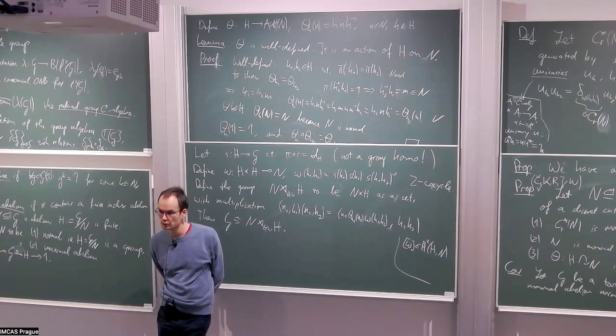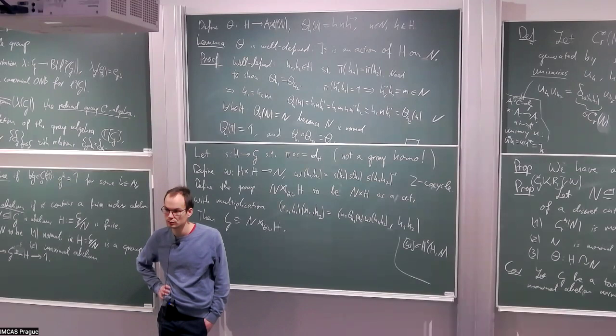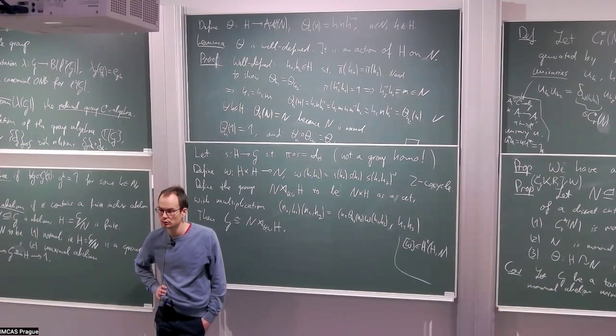So, for example, if we take the group algebra CG and this normal subgroup N, then we can also construct the semi-direct product using a two-cocycle in a similar way as we have there, and this construction can also be done with general Hopf algebras.